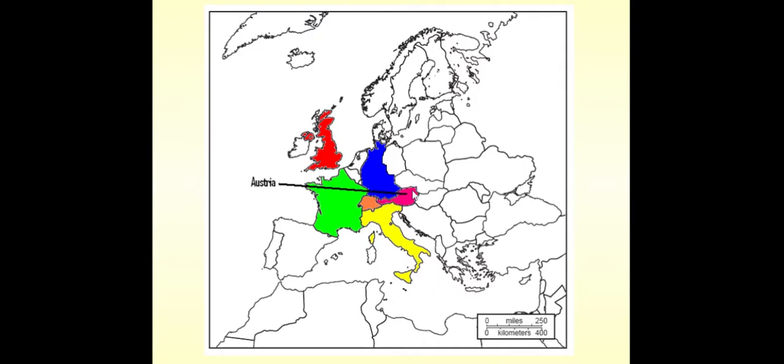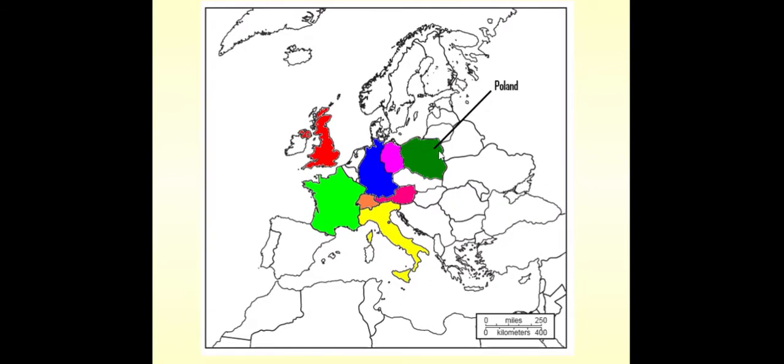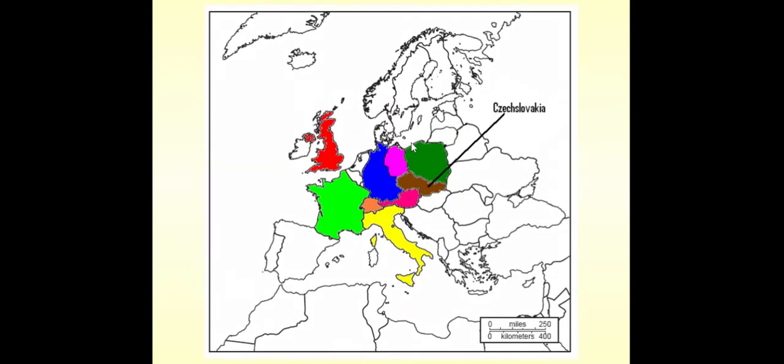Austria is right here. And then here's East Germany, okay? Right next door to West Germany, here's East Germany. And then here's Poland. And then this big guy over here, well, there's Czechoslovakia.